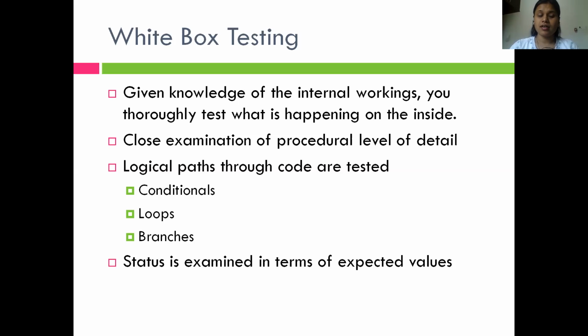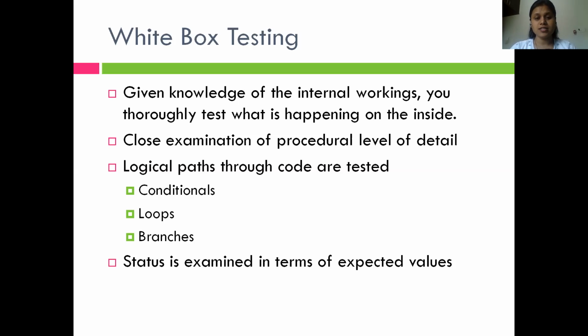White box testing, as the name itself specifies, is usually transparent. We can see everything that is there in that particular white box. The same concept is used here, and that's why this testing is known as white box testing. It means that we can thoroughly test the code or the implementation of the system.